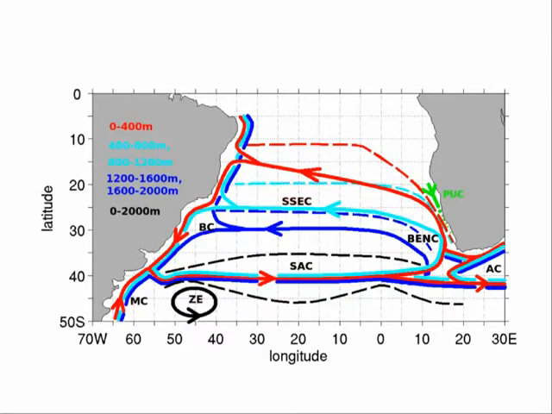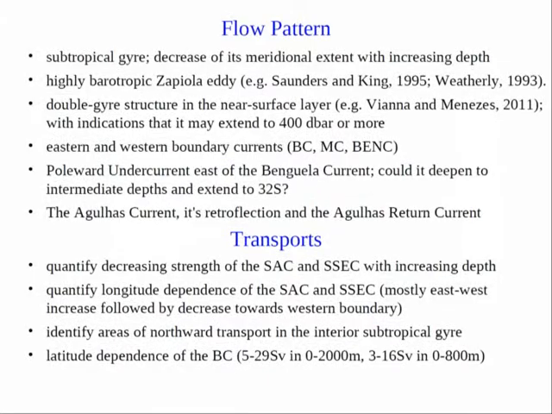And for the South Equatorial Current, the northern edge of the current shifts south. And then a little poleward undercurrent with a couple of dots. How far does it really go? And if it goes deeper, is it the same current, just pushed to the deeper layer? I should have put a question mark there. But that's pretty much the result of the whole flow field.